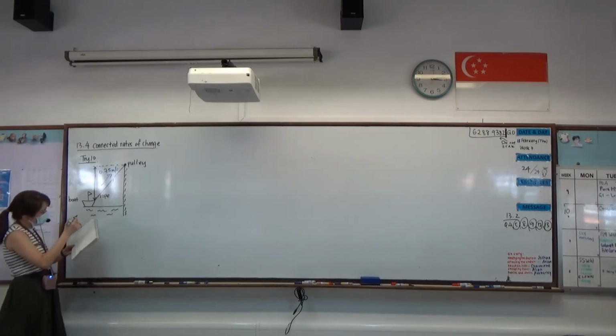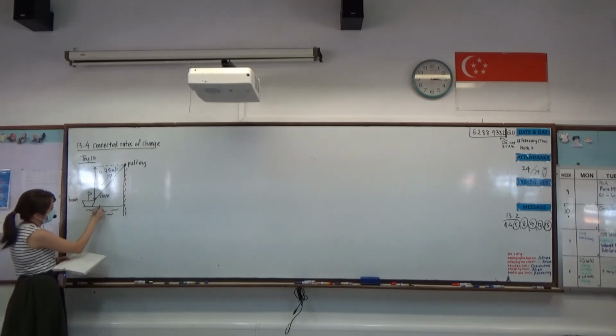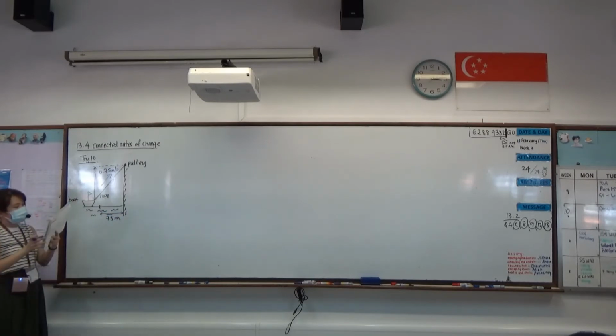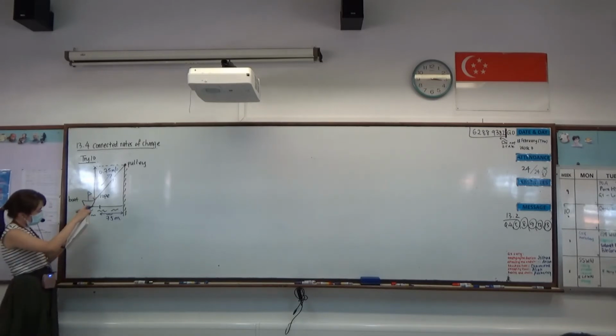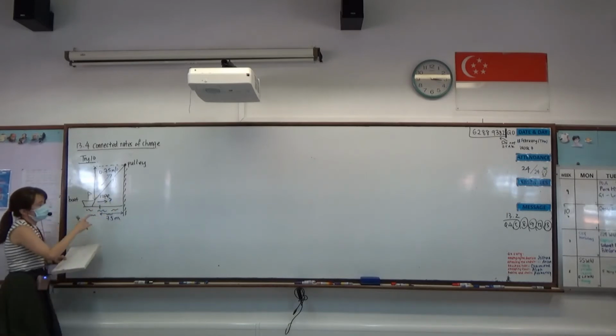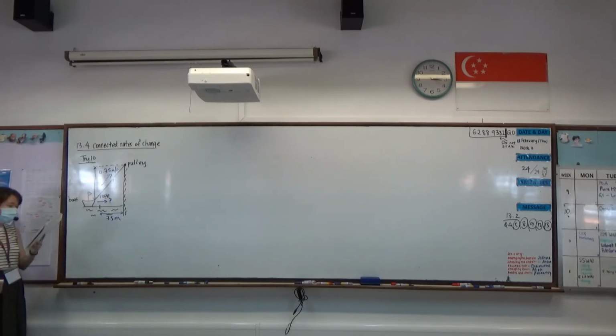So that means we are looking at the horizontal distance of 7.5 meters. We want to know how fast the boat is moving, meaning in this direction, we want to know the speed, right?